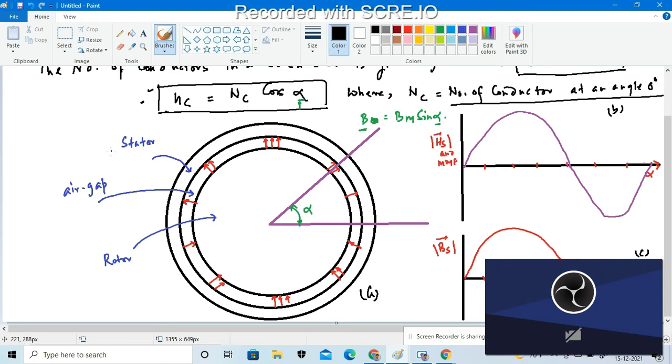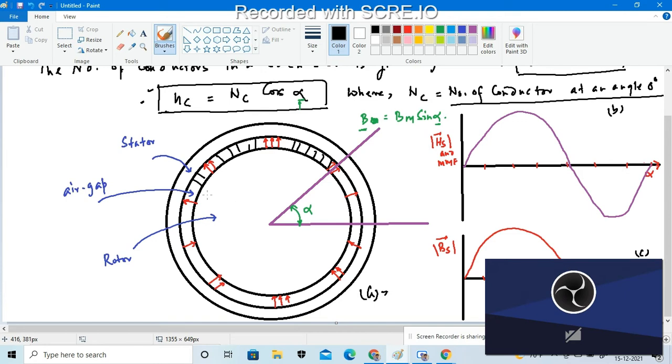So figure A signifies a cylindrical rotor with a sinusoidally varying air gap, because we are considering this portion as the air gap portion having varying air gap flux density.